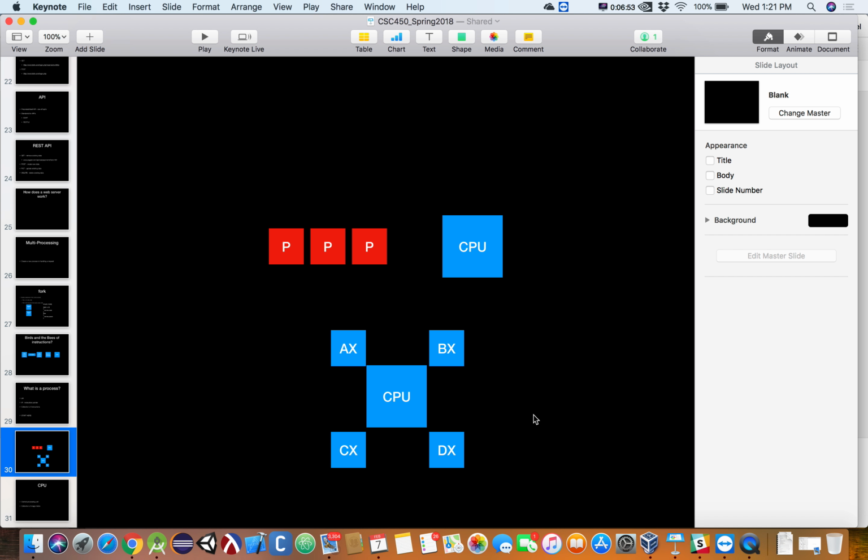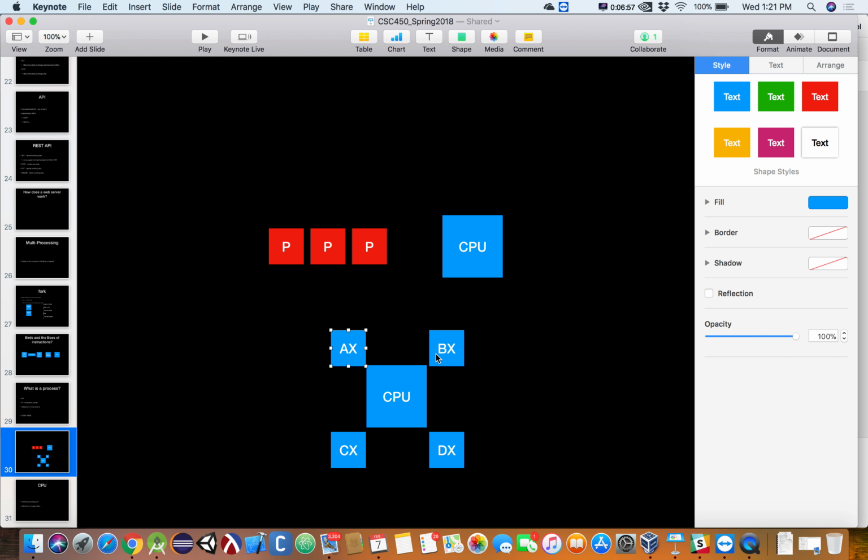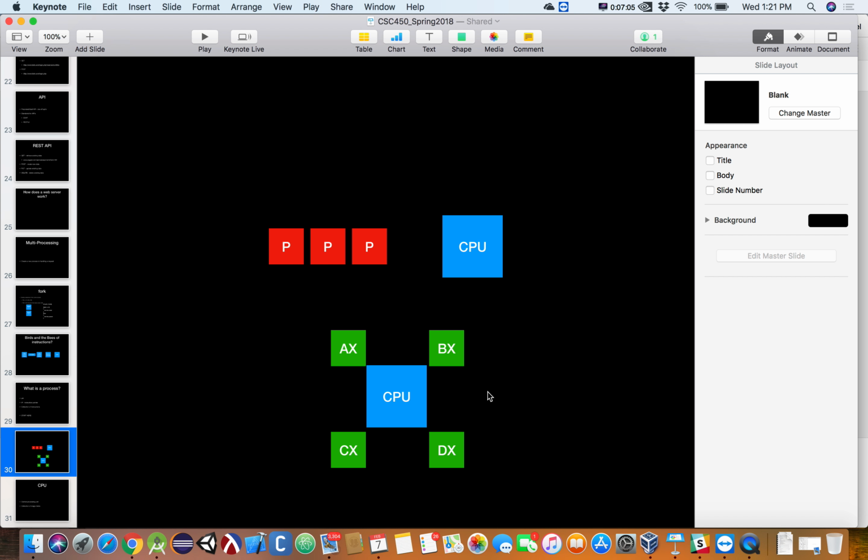Now, this would be a pretty old processor, but when I put things up here, let's make them different colors because that's what the cool kids would do. All right, so when I put things up here like AX, BX, CX, DX, what are those guys?